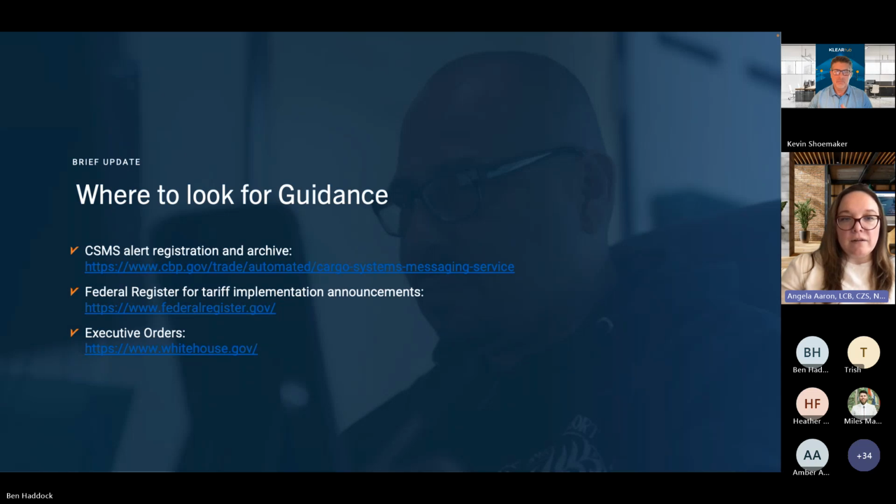The second bullet here is the Federal Register. And this is not just for CBP, this is all federal agencies. It can be really, truly nerdy if you're into legal requirements or changes in agency governance. Basically, any law changes, they're being published here in the Federal Register.